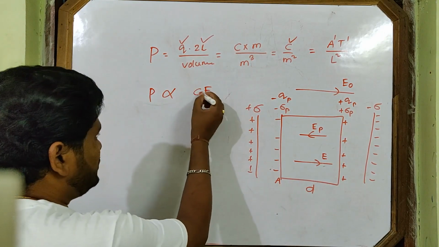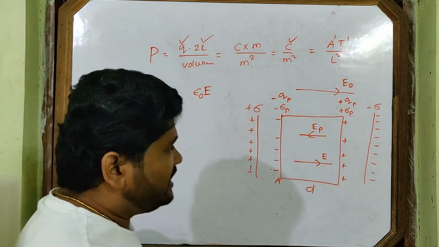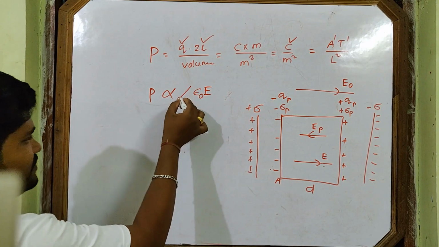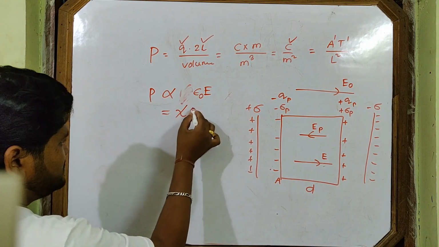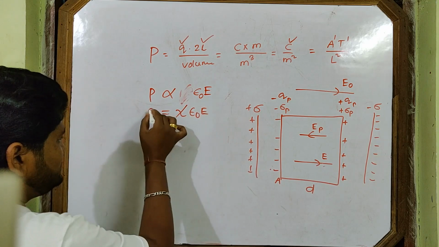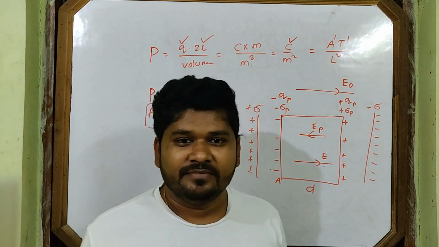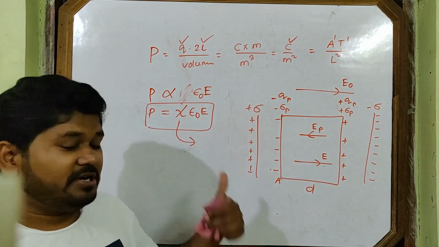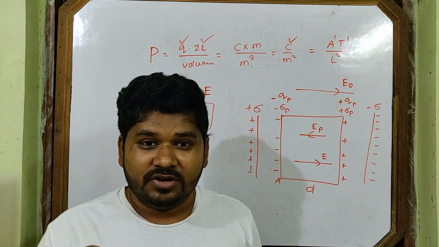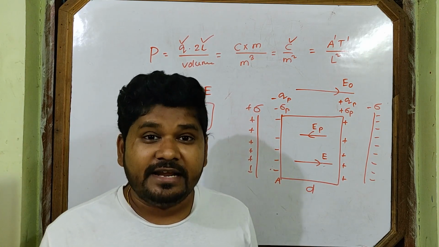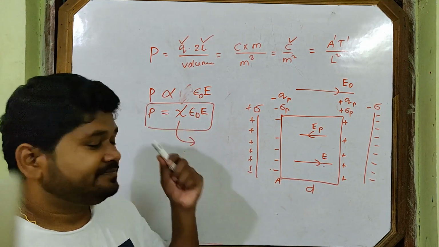Epsilon naught is multiplied to make it dimensionally consistent, and when I remove the proportionality, one constant will be multiplied. This constant is chi. What is this? Electric susceptibility. This constant chi is called electric susceptibility.